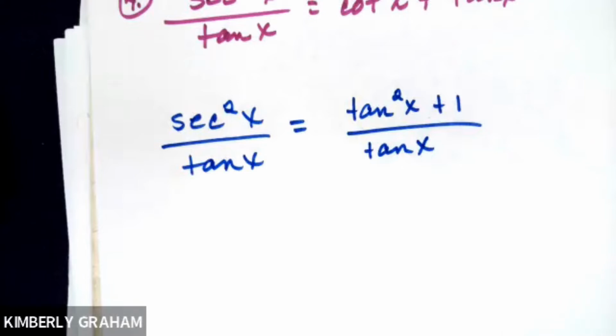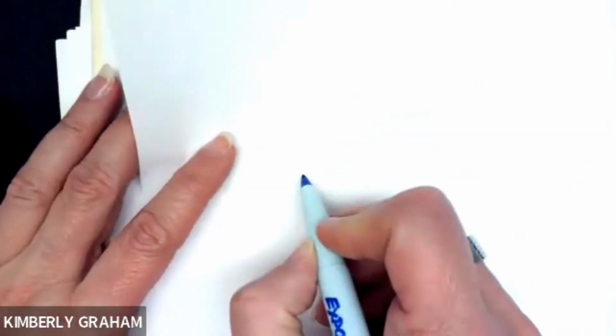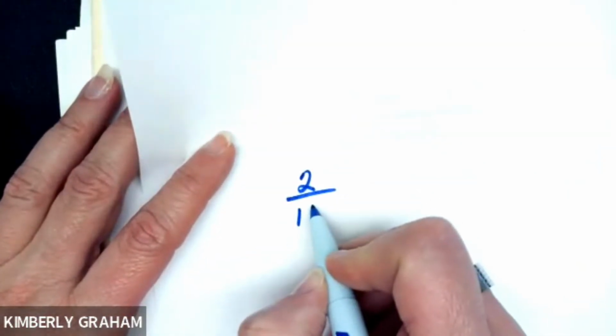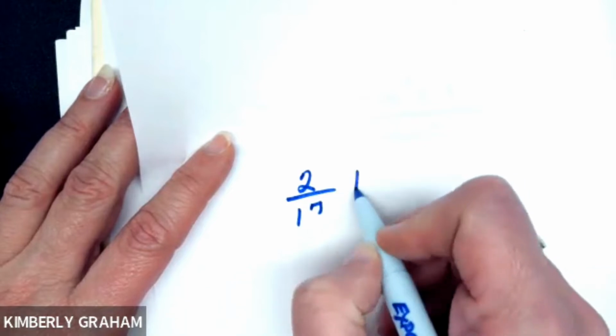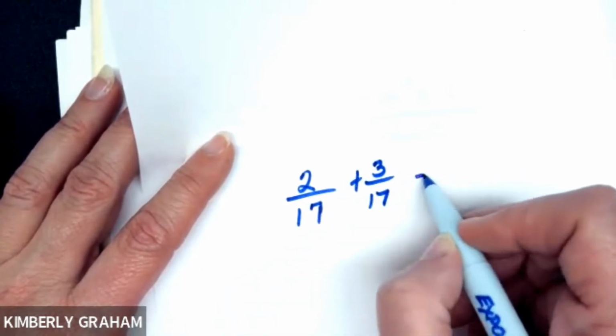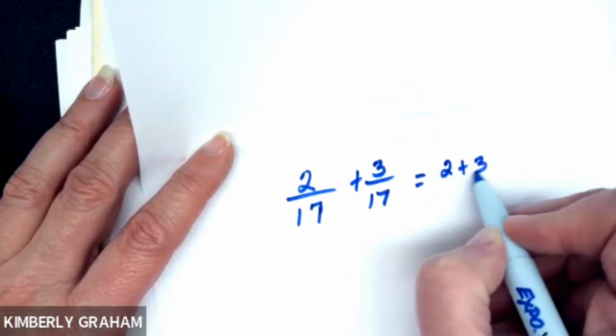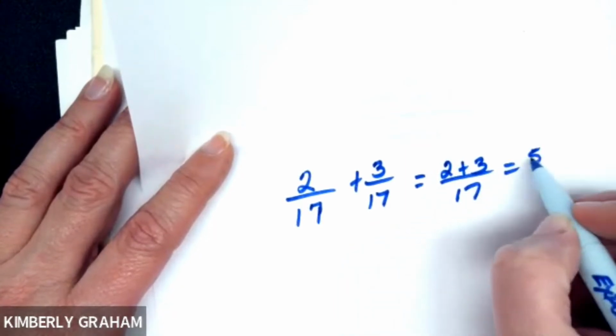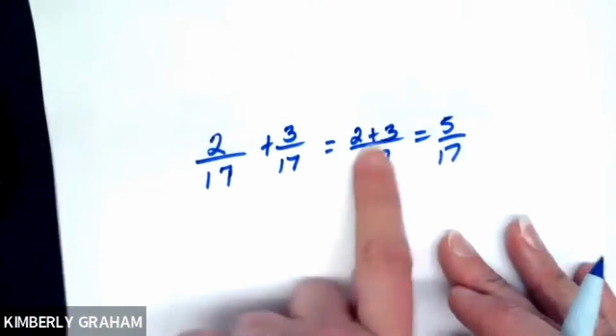And let me explain what I'm doing there. Now, normally, if you have a fraction, say 2/17 and 3/17, we would add that together and get 5/17. And we normally skip this part right here.